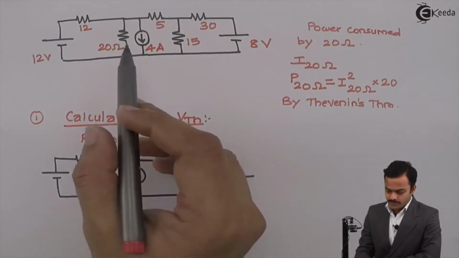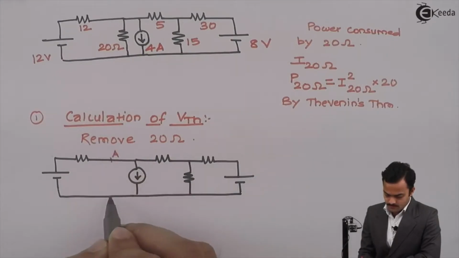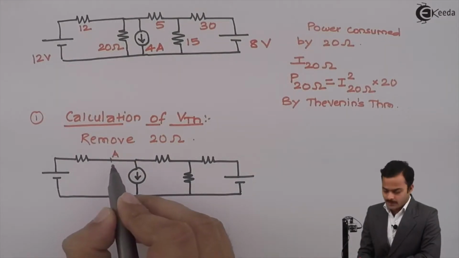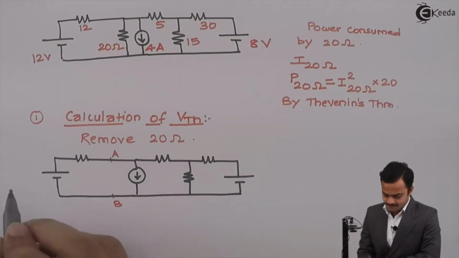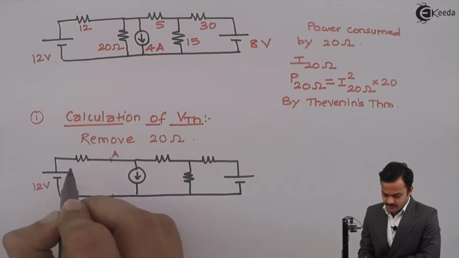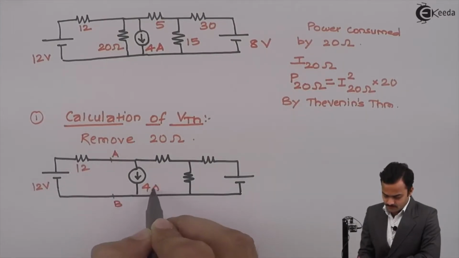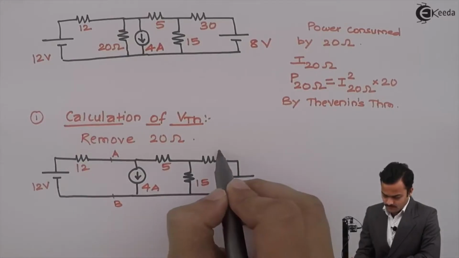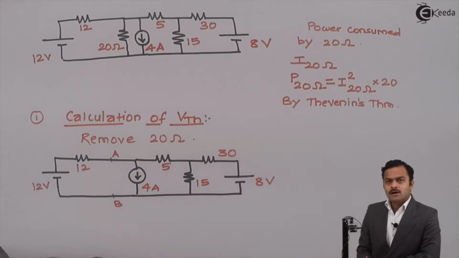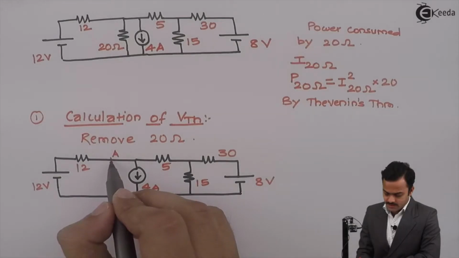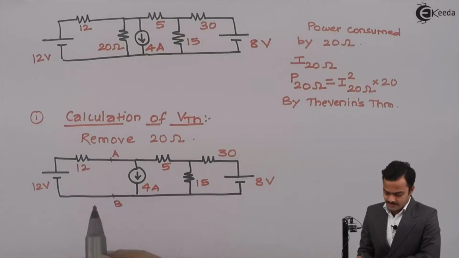I have removed 20 ohm resistance, so it will give two terminals A and B open circuited. Rest of the part of the circuit will remain same. Now our job is to get voltage between these two terminals.